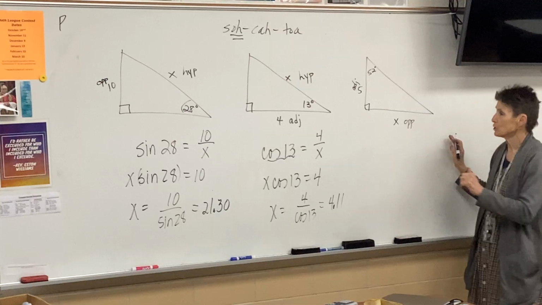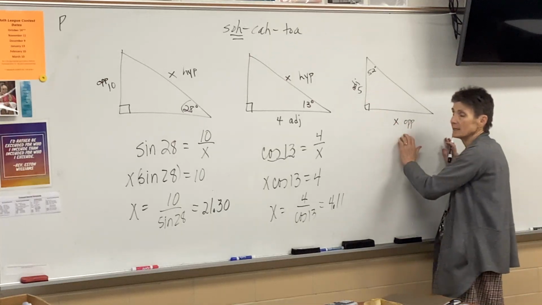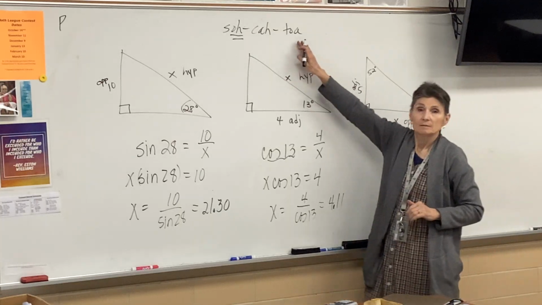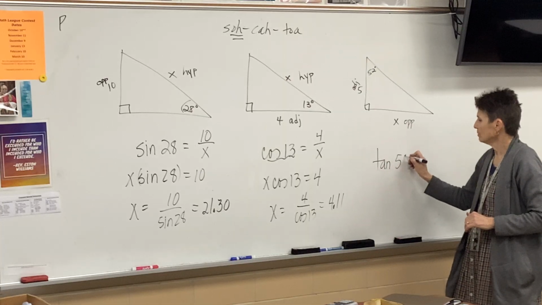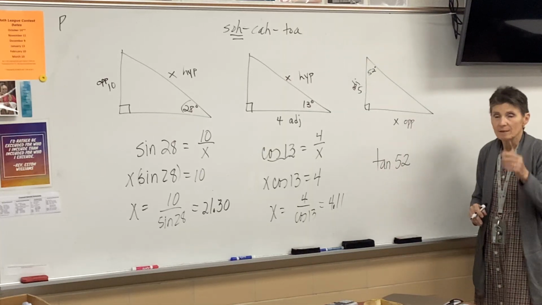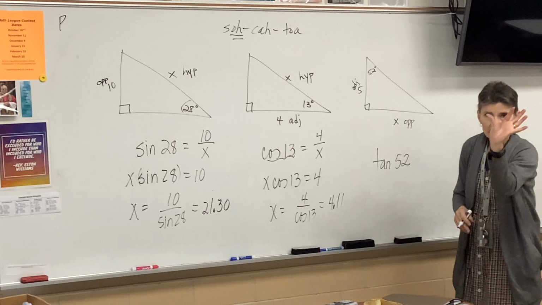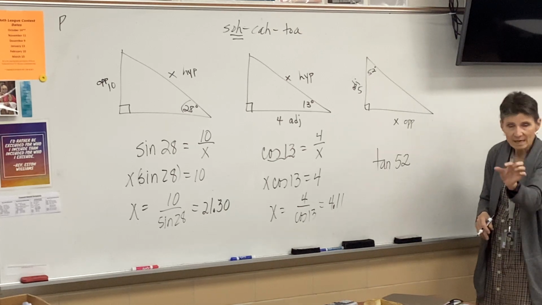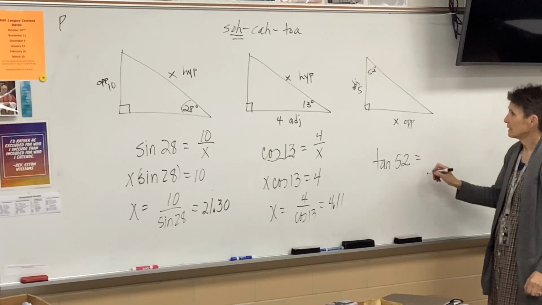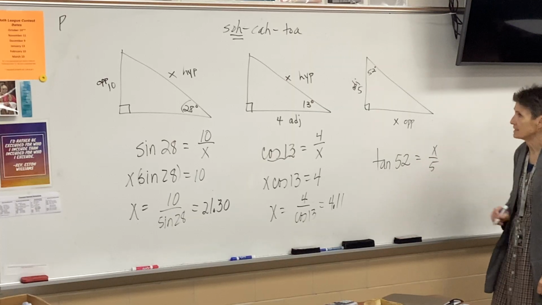So which function uses opposite and adjacent? Tangent. So tangent 52, remember, the angle always gloms on to the function. So tangent 52 equals opposite over adjacent.